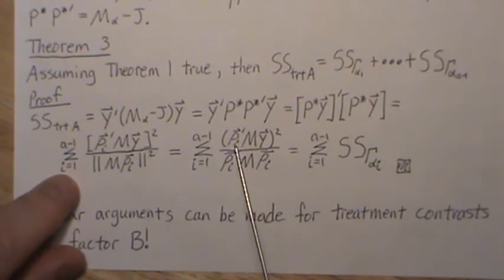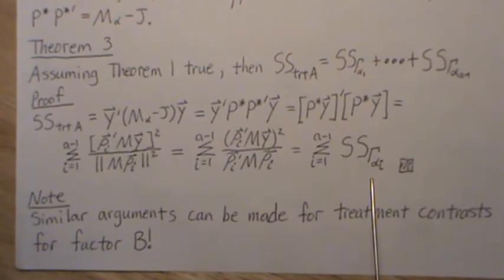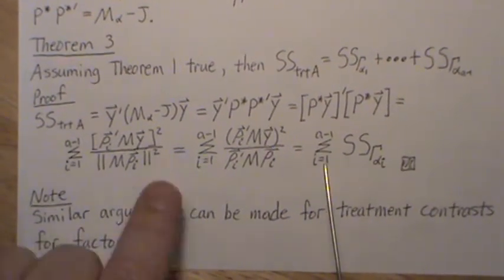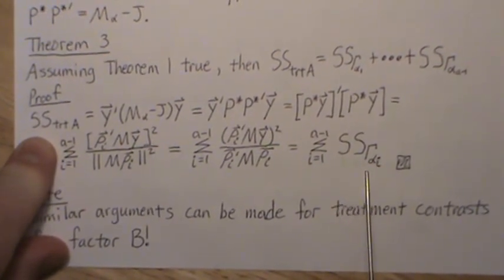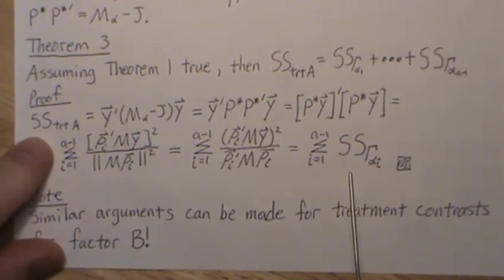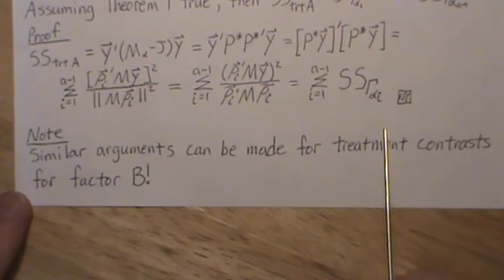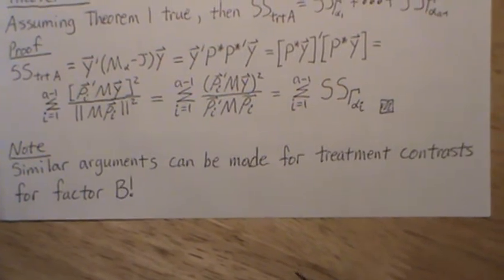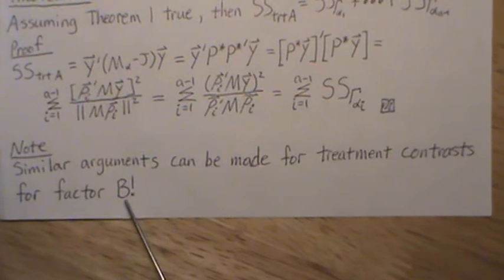But this right here is how we define the sum of squares for one of those treatment contrasts. So the sum of squares can be broken up into a sum of those orthogonal treatment contrasts, and the proof is done. Now, in the interest of time, we're not going to do this for factor B, but simply say that the same arguments can be made for factor B.